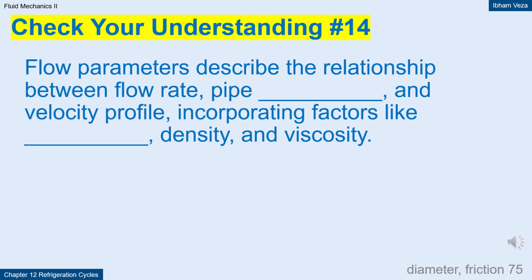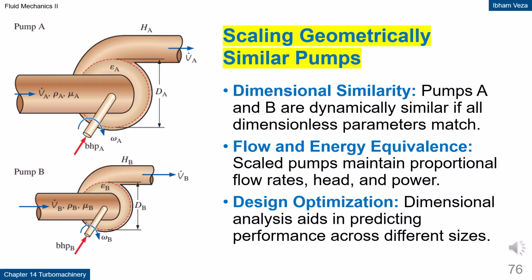Flow parameters describe the relationship between flow rate, pipe diameter, and velocity profile, incorporating factors like friction, density, and viscosity. Scaling geometrically similar pumps. Two pumps are dynamically similar if all their dimensionless parameters are the same.